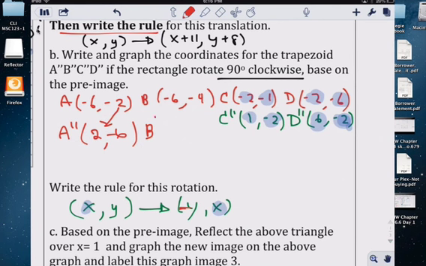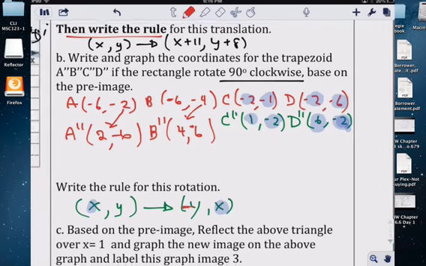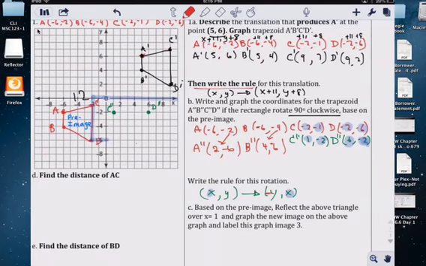B double prime is (4, 6), where the x stays the same and the y, which had a negative, becomes its opposite, a positive. So positive 4, A is (2, -6), and (4, -6). Okay, so that's A prime, B prime. There we go.